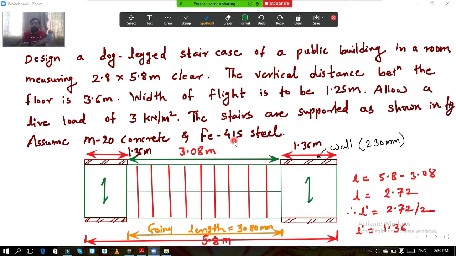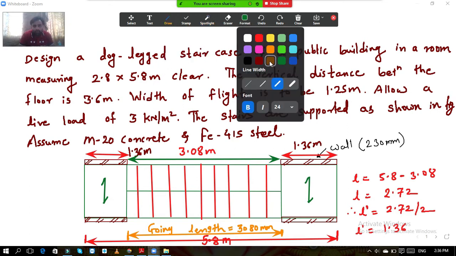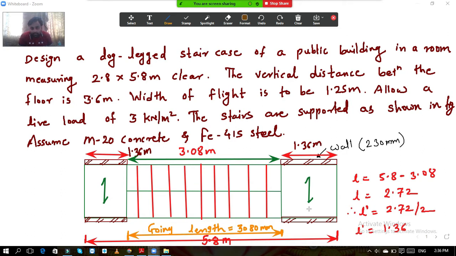Now to calculate the effective span, if I draw the line over here and I will draw another line over here.